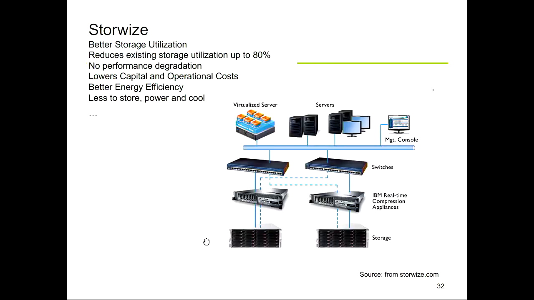There are lots of companies. Storwize is one of the smaller ones, but there are big ones like IBM and EMC. They have dedicated boxes, for example from IBM and EMC, doing real-time compression. Essentially in a cloud store, in those cloud centers, you have all the hard drives and storage.